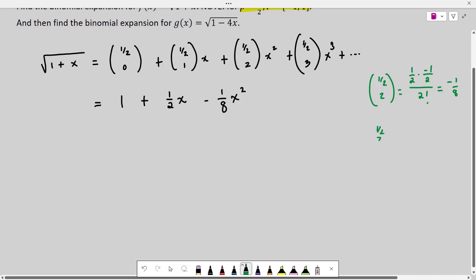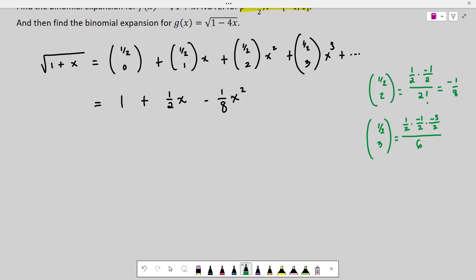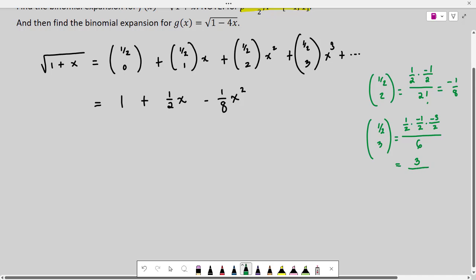So 1/2 choose 3. We start at 1/2. We do repeated subtraction until we have 3 factors, and then divide by 3 factorial. So this will end up being, let's see, we have 3 in the numerator, divided by 8, and then we multiply by 6, so 8 times 6 is 48, and then we divide by 3, so we get 1/16.